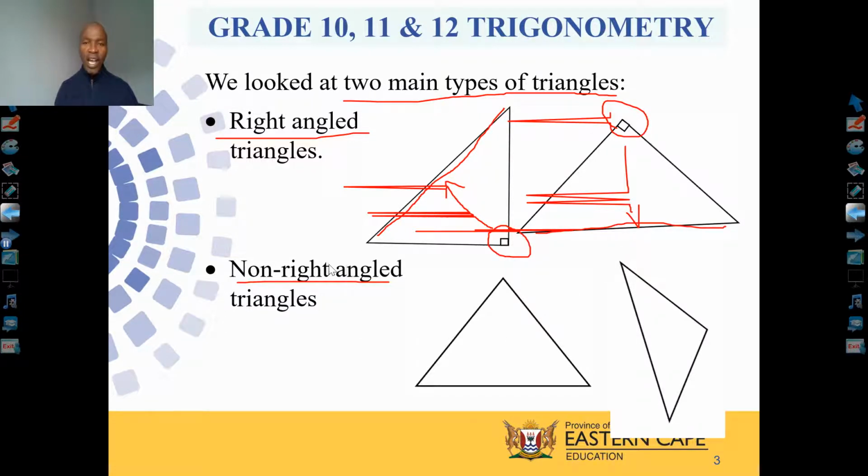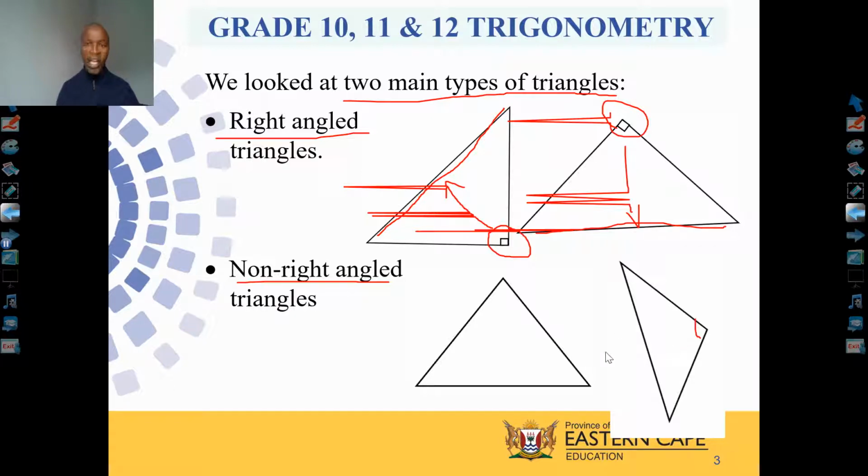And then we also have the non-right-angled triangle, which means there is no angle which is 90 degrees. All these angles are either less than 90 degrees or one is greater than 90 degrees, like it is the case there. This one we call an acute-angled triangle, this one an obtuse-angled triangle.